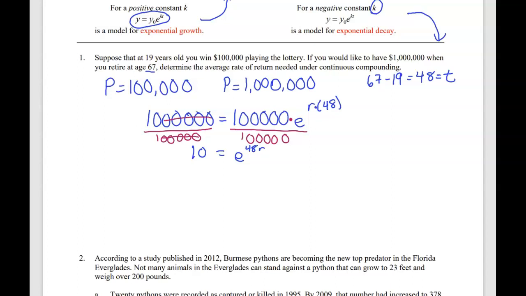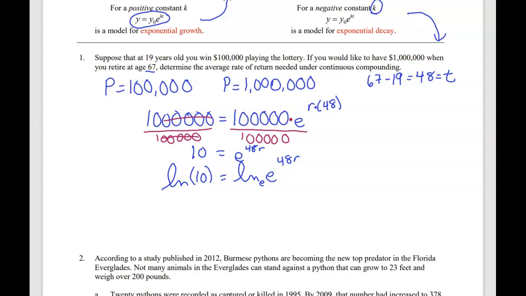I need to get this R out of the exponent. I have an e, so in order to get it out of the exponent, remember, we're going to take the natural log of both sides. And when I do this, natural log of e raised to the 48r, remember that we have the understood base of e anytime we have the natural log.